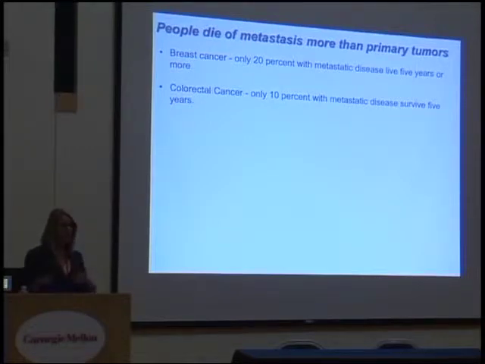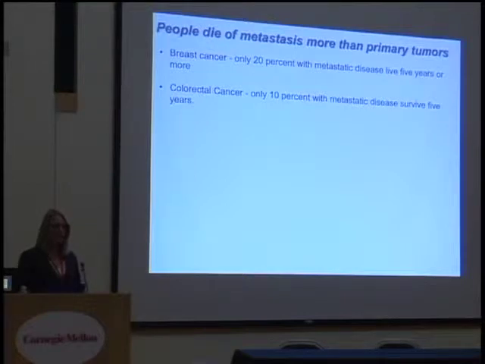Although there certainly are cancers where that is the case, typically the primary tumor is such that you can surgically remove it, and oftentimes it won't come back. But what happens, especially in things like breast cancer and colon cancer, even prostate cancer, is you remove the tumor and then you still get metastatic disease, and this is really what people die of.